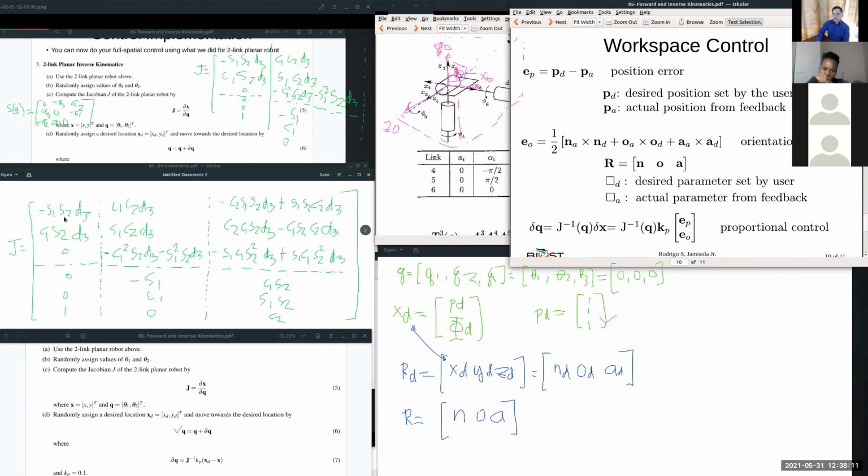So our Jacobian is this one. We say that the initial value of our angle is 0, so we can put 0. Many of these terms will become 0. Let's start first with the value of your Jacobian.